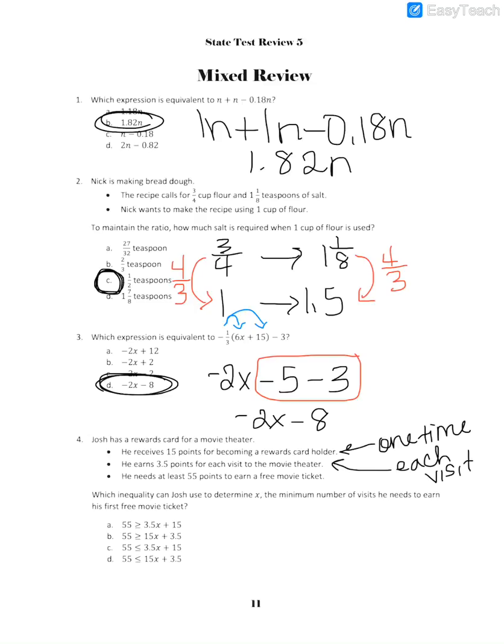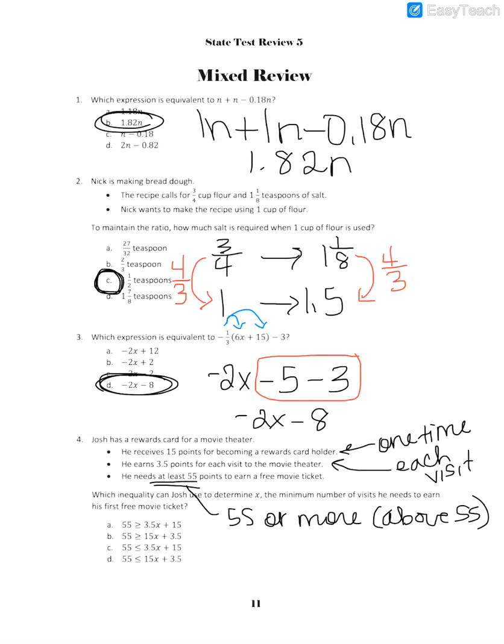That's important. He needs at least 55 points to earn a free movie ticket. At least 55 means 55 or more, 55 or above. All right, so we're going to write an inequality.